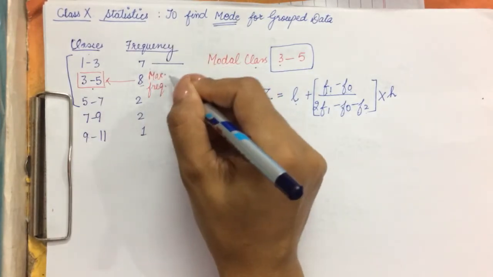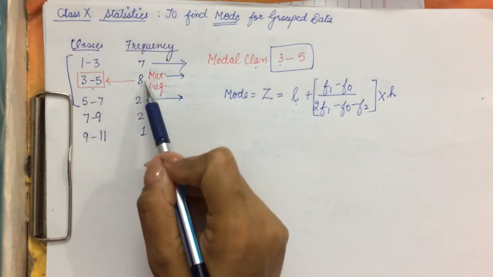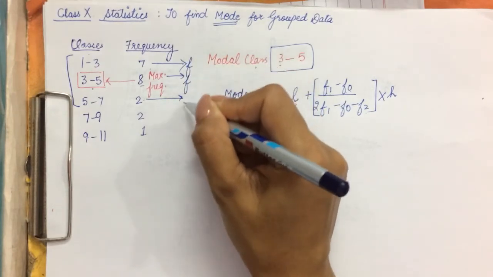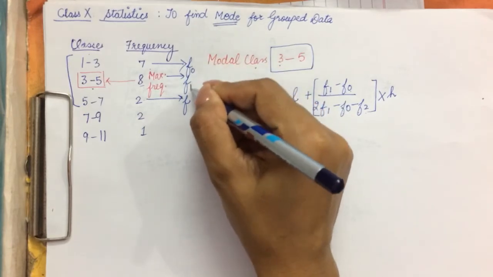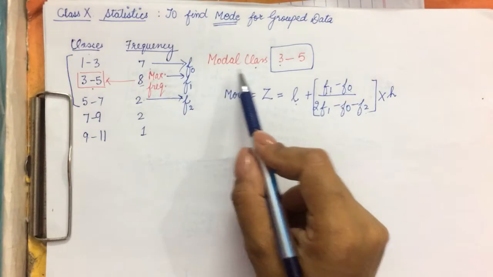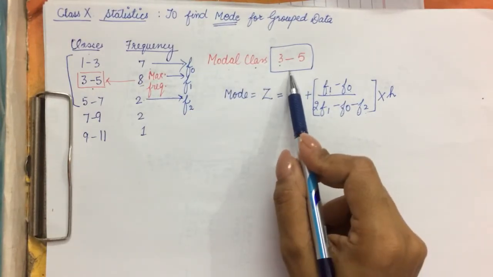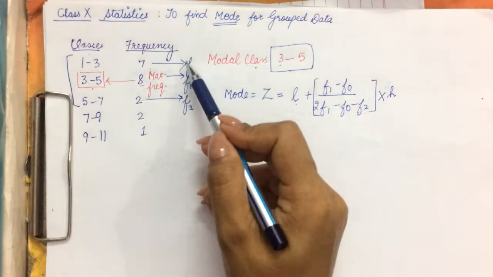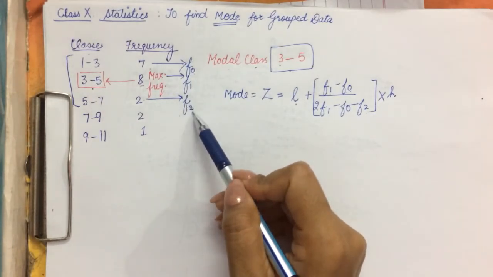These frequencies will be represented by F0, F1, F2. Once you have identified your modal class, you take the frequency for this class and the frequencies of the class before it and after it, and those 3 frequencies will be marked as F0, F1 and F2.